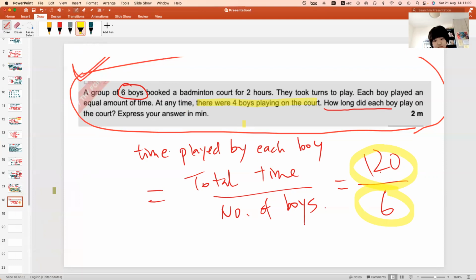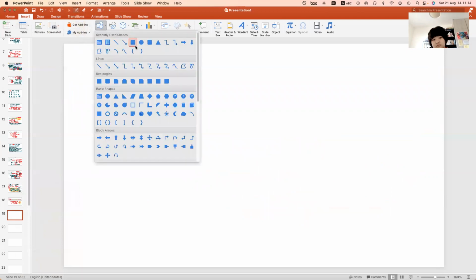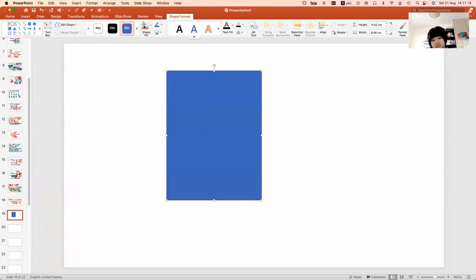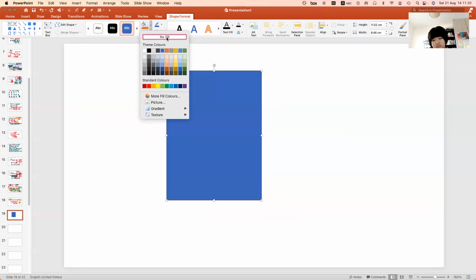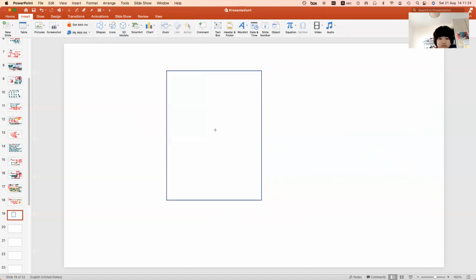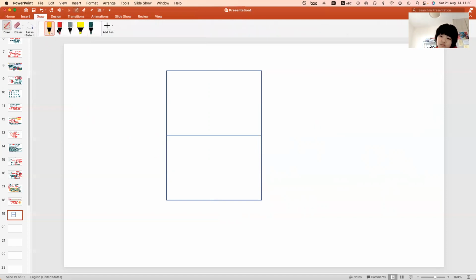So now if I want to draw a pictorial representation, this is the badminton court, right? So if this is the badminton court, every time you have 4 boys playing, right?